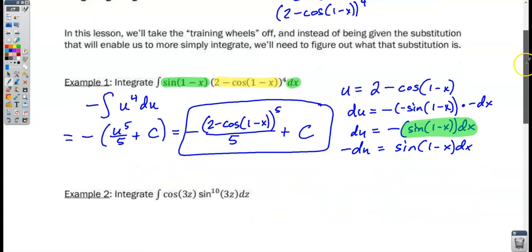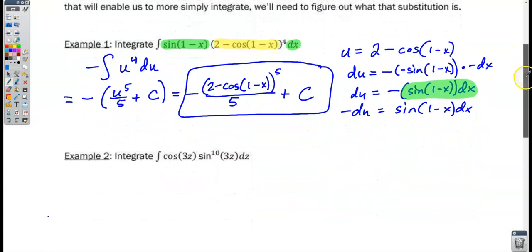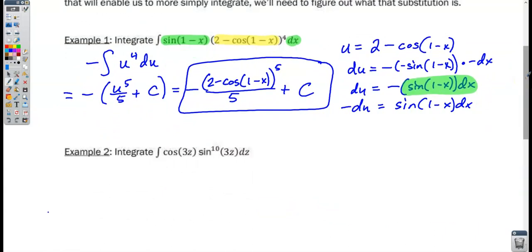All right, example 2. We want to integrate the integral of cosine of the quantity 3z times sine to the 10th of the quantity 3z dz. It might be helpful to think about this problem as cosine of 3z times the quantity sine of 3z raised to the 10th dz.